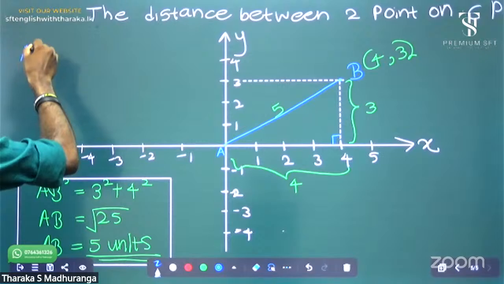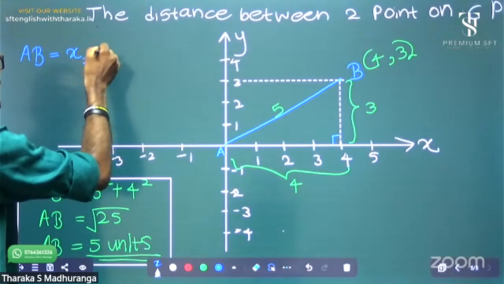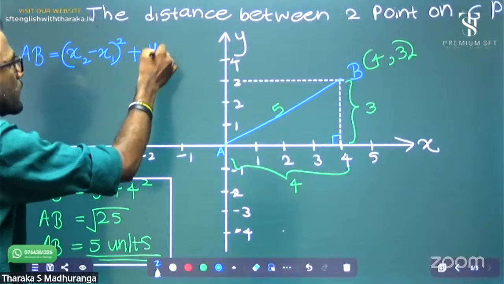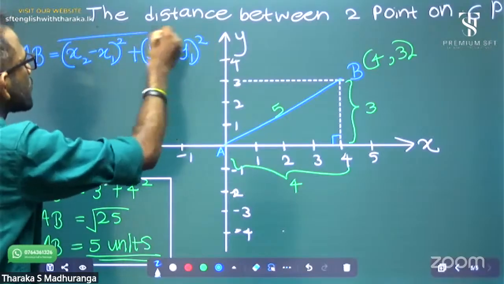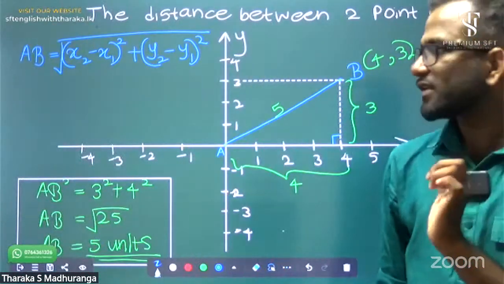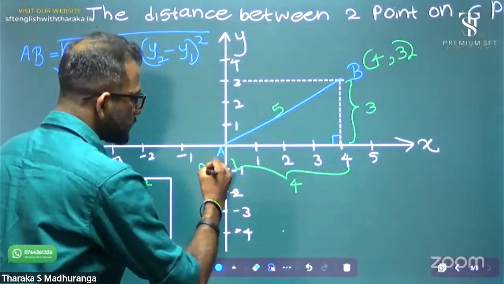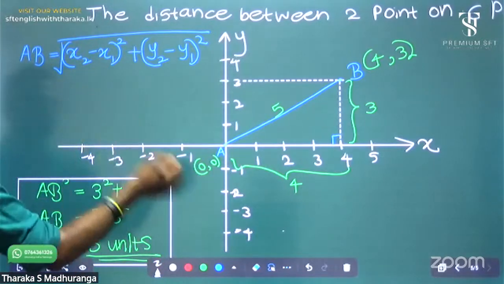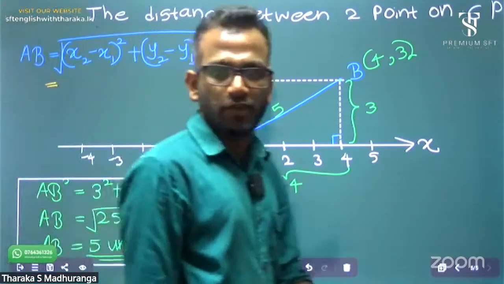I want to get the AB distance. AB equals the square root of x2 minus x1 squared plus y2 minus y1 squared. The same concept. Now think A coordinate is 0, 0. What's the meaning of x2 minus x1?